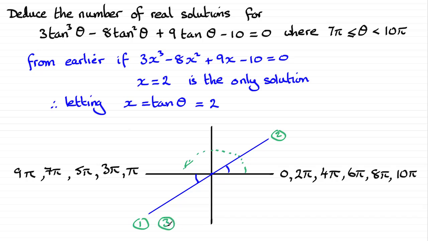Once I carry on beyond here, I'm going to pass the 10 pi. So can you see then that there's going to be a total of 3 solutions? The one that exceeds the 7 pi, the one that exceeds the 8 pi, and the one that exceeds 9 pi. So therefore we have 3 solutions in that range.